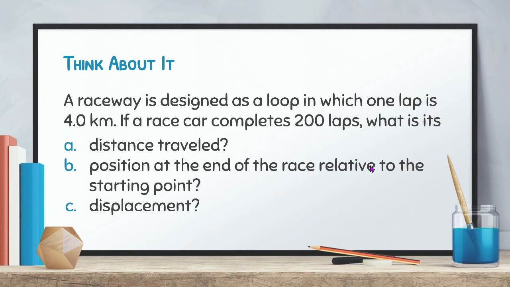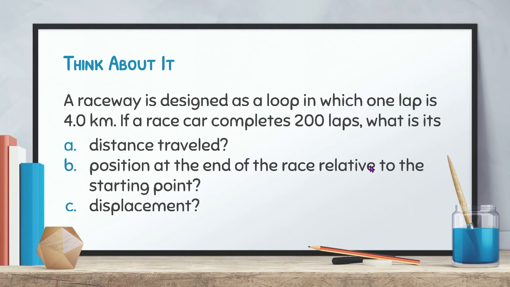All right. Now, position at the end of the race relative to the starting point. So starting point, we would say that's what? The starting point is distance what? You got to go around the whole thing to get 4. So if you're at the starting point, you're at point 0. Okay?